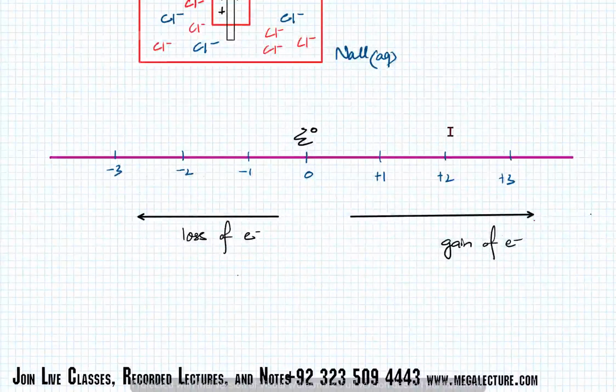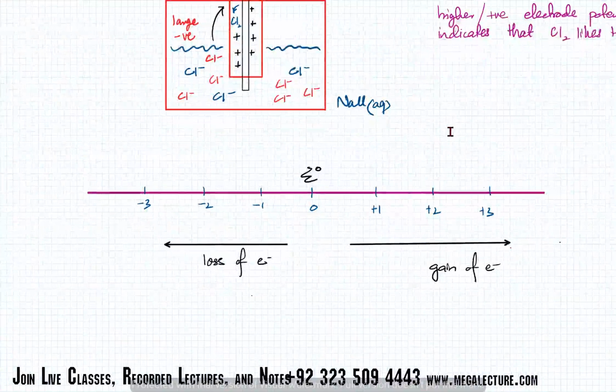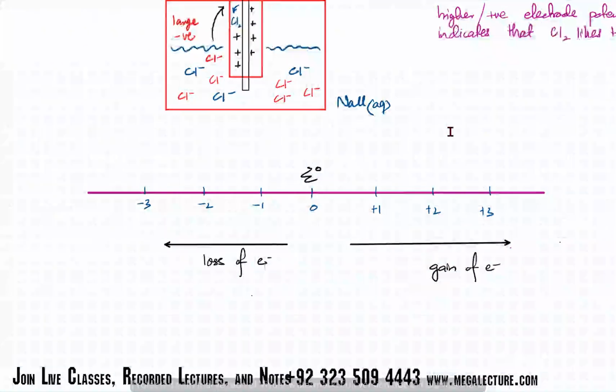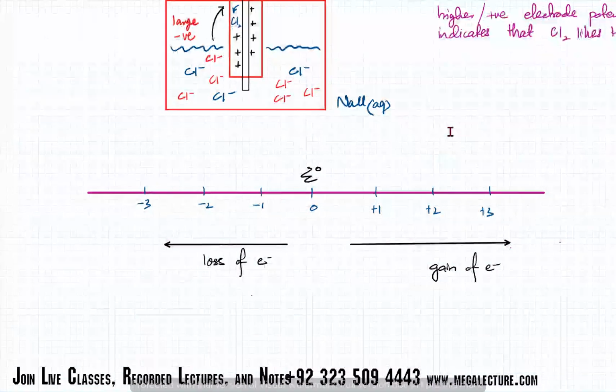Yep, it's clear. And also remember that potentials are relative. The value itself doesn't really mean anything. If I say something has 2 volts, it means absolutely nothing. It's always a relative comparison. Anything that is measured, the value itself doesn't mean anything unless you compare it with something.